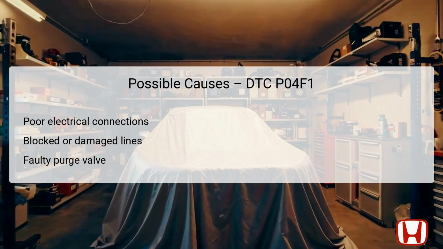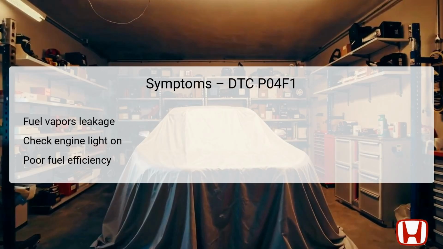When the DTC P04F1 is present, drivers may observe several symptoms that could indicate an underlying problem with the EVAP system. One common symptom is an illuminated check engine light on the dashboard, which signals that there's a fault requiring attention.